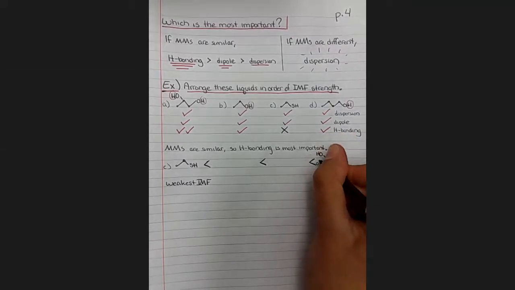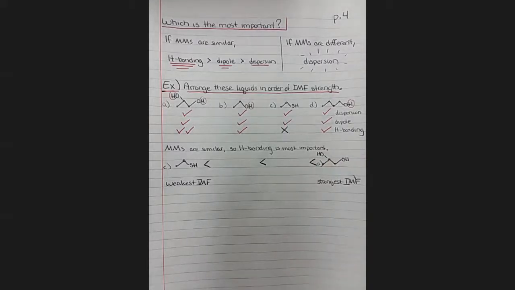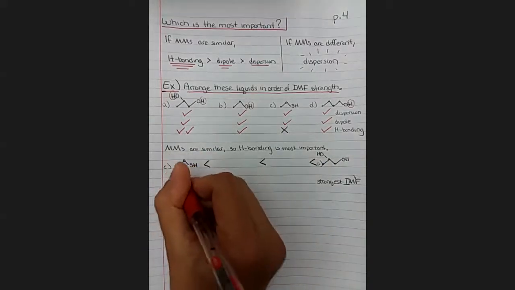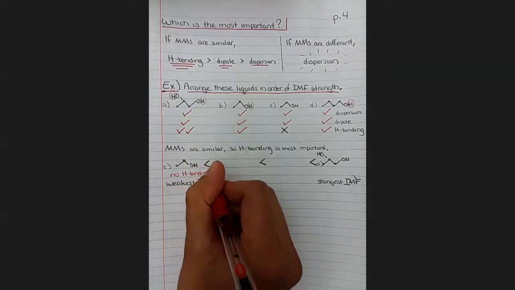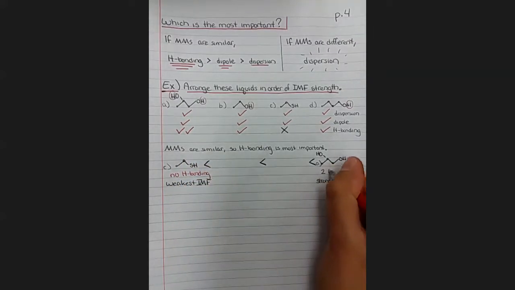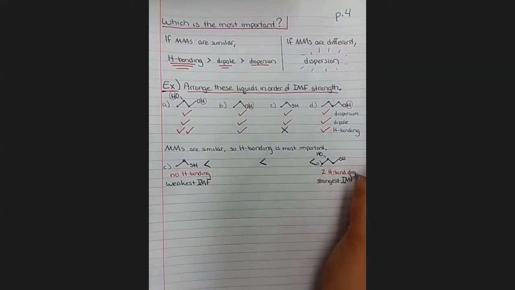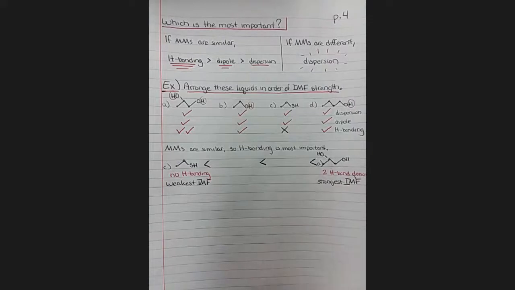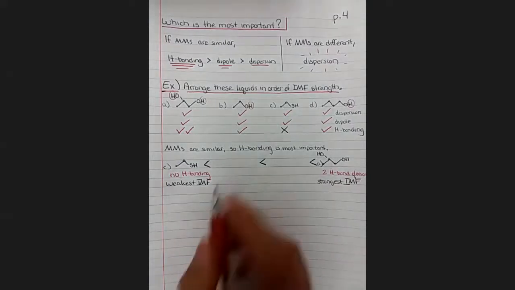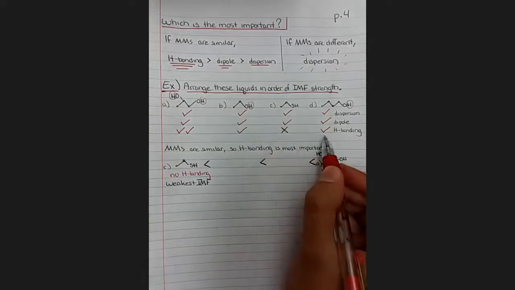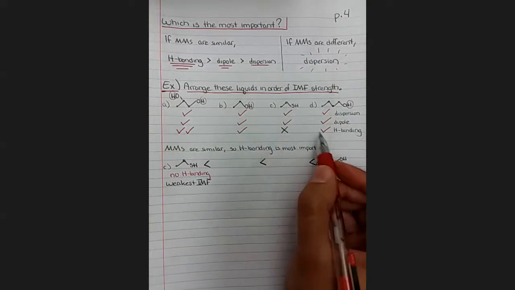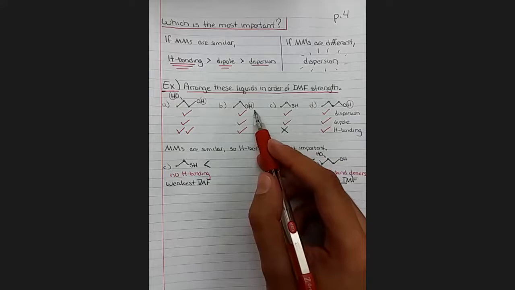Molecule A. Okay, so this one has no hydrogen bonding. And this one has 2 hydrogen bond donors. So now we have to look at our last 2 molecules, molecule B and molecule D. We can see that they both have hydrogen bonding with 1 hydrogen donor, so that's about the same.